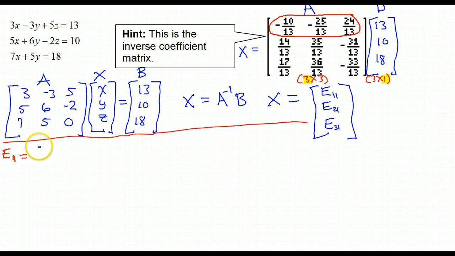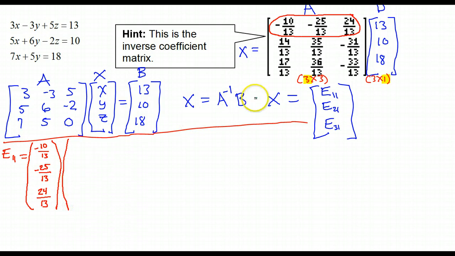So it's really going to be negative 10 over 13, negative 25 over 13, and 24 over 13. Okay, that is row 1. Isn't that ugly? And then column 1 is the 13, 10, 18.